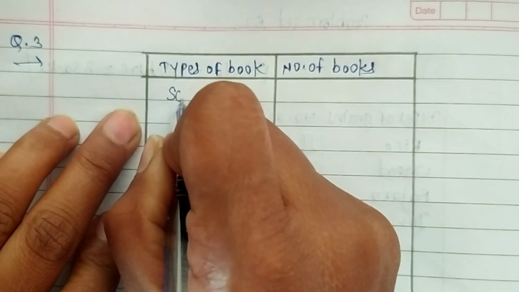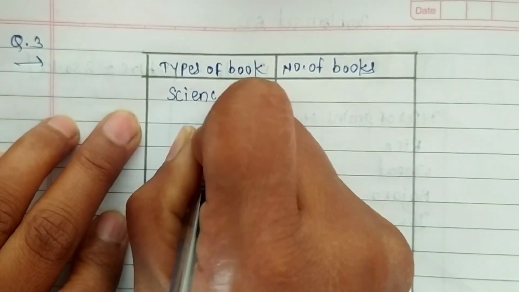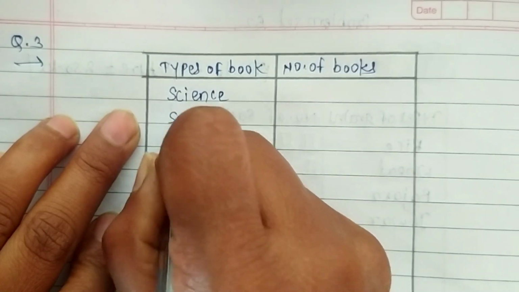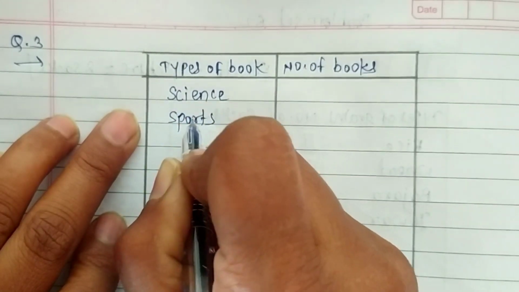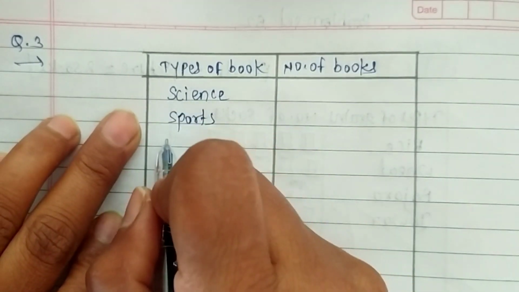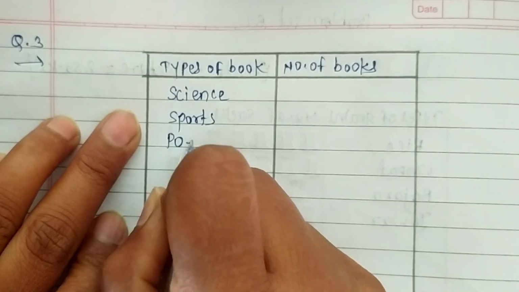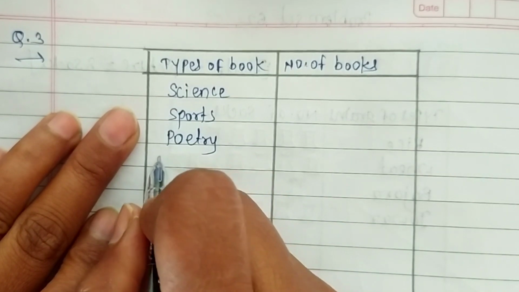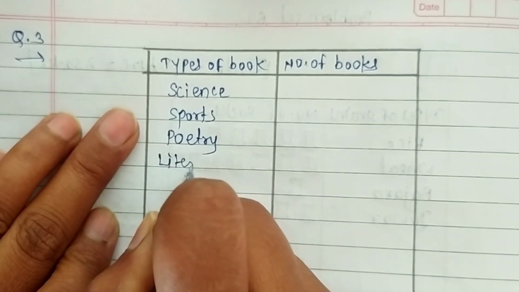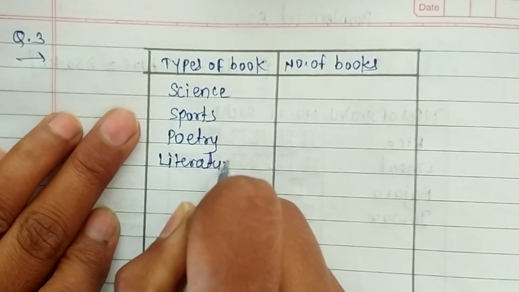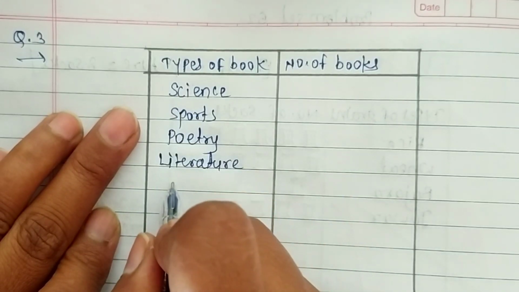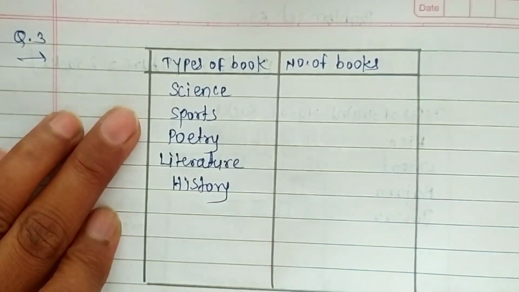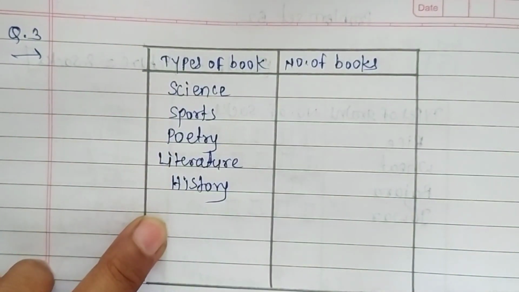Science, sports, poetry, literature, then history. These are the types of books.